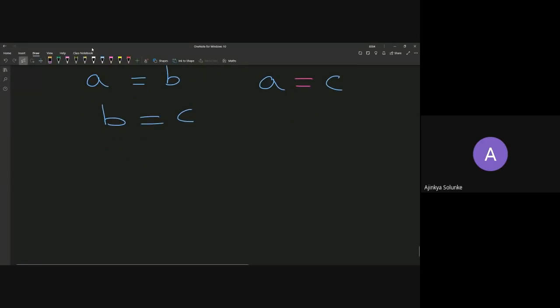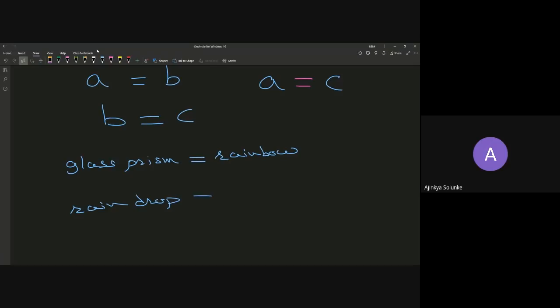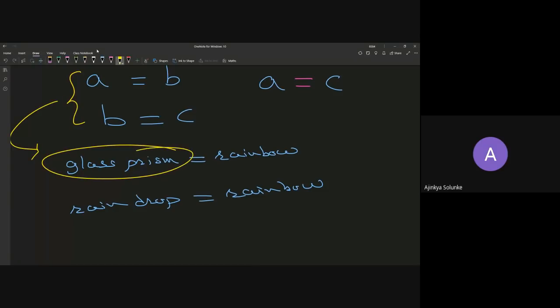Now, with the same logic: glass prism is equal to rainbow, right? 7 colors you are going to get. And raindrop is equal to rainbow. So can you tell me what is the relation between glass prism and raindrop? If both are giving us a rainbow, by using the logic you used above algebraically, can you tell me the relation between glass prism and raindrop?